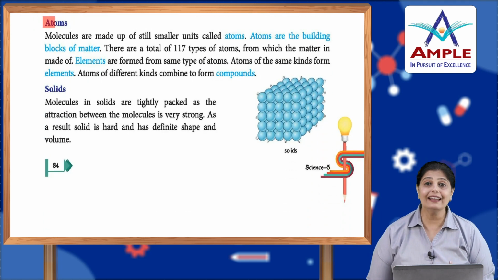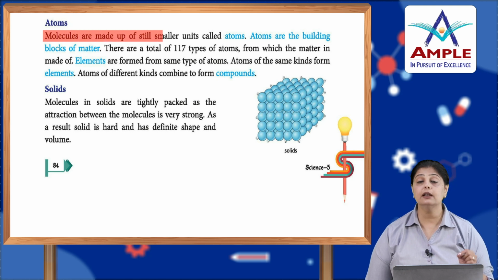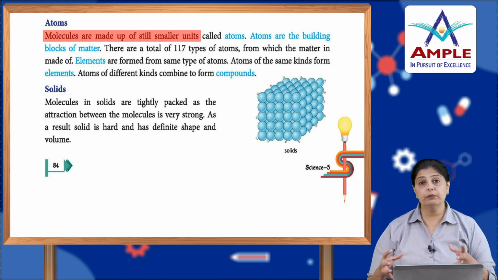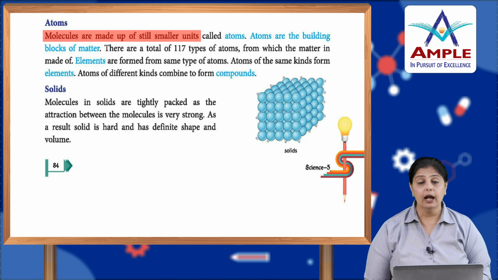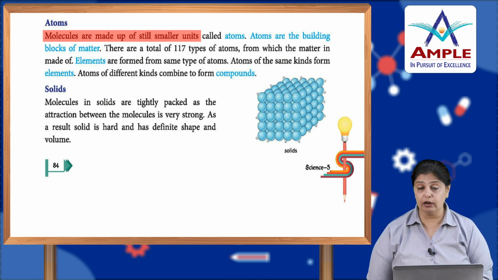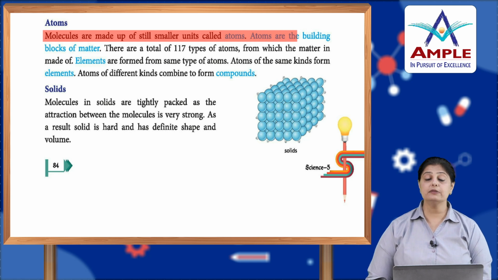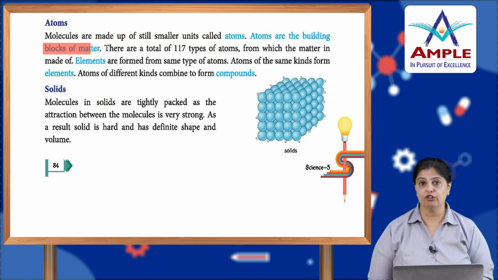Now, what are atoms? Atoms are the still smaller units that molecules are made up of. Atoms are the building blocks of matter. They build the matter. There are a total of 117 types of atoms from which matter is made up.